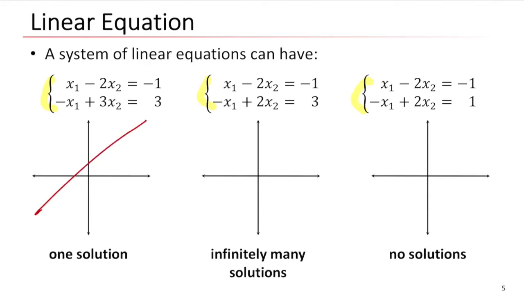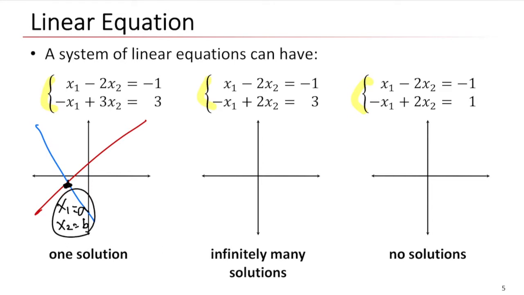First of all, if these two lines meet at some point here, we have x1 as some number, x2 as some number.